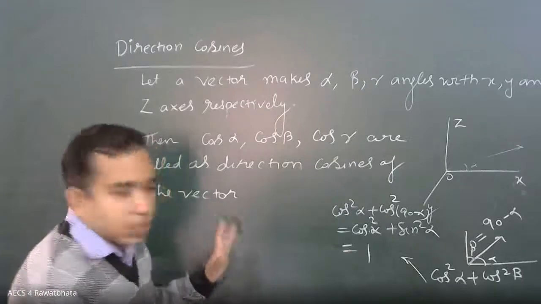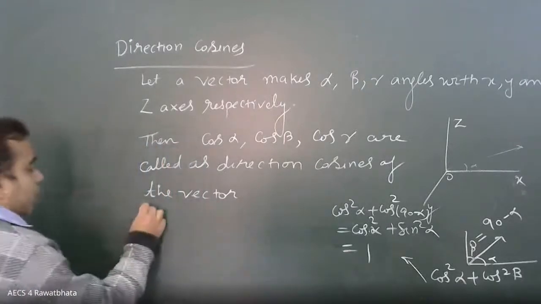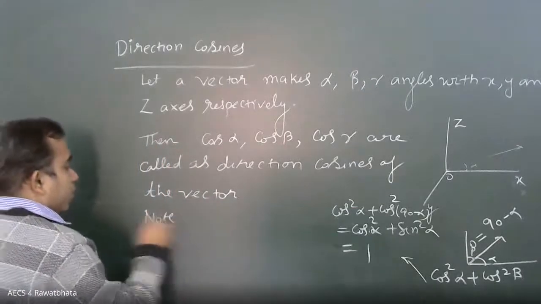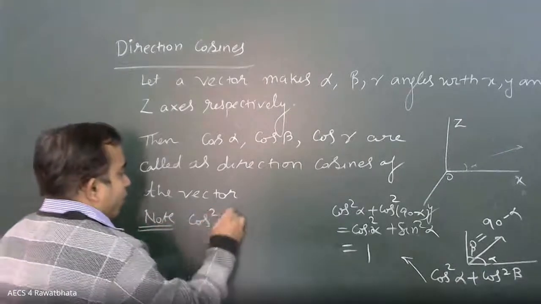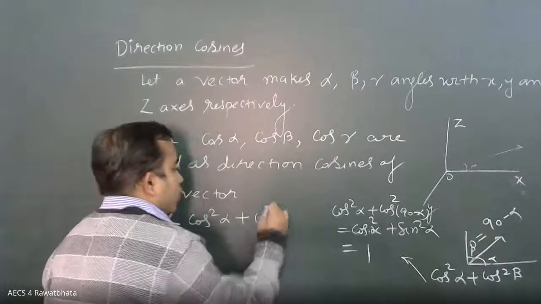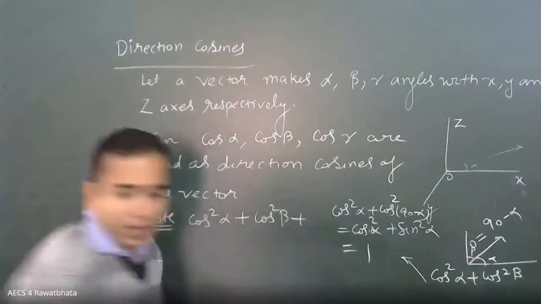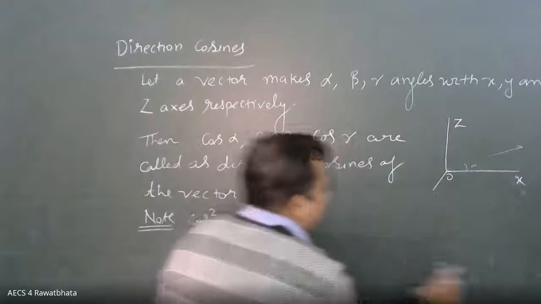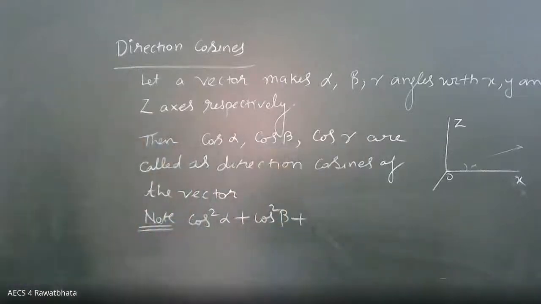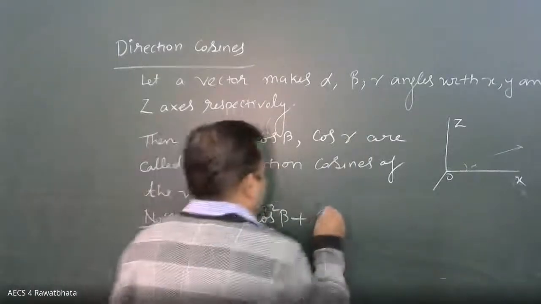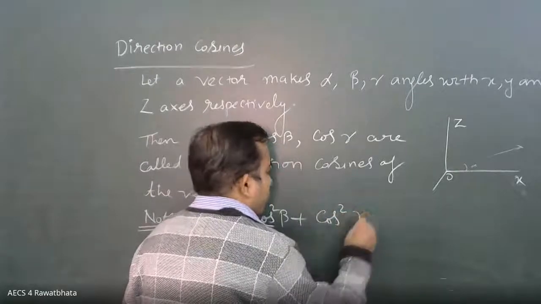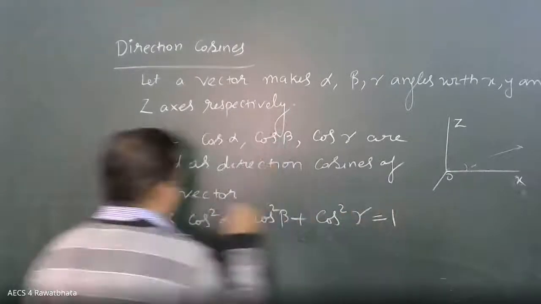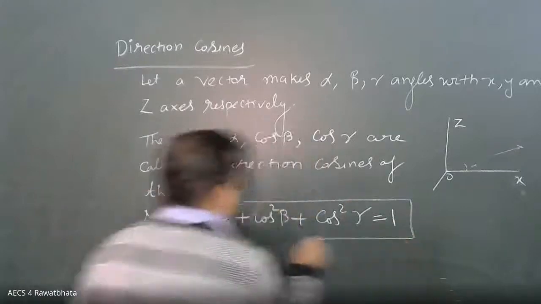We are not discussing the proof, we are directly writing that cos square alpha plus cos square beta plus cos square gamma is equal to 1. This was just one idea how to prove it, and this is true for 3 dimensions also.